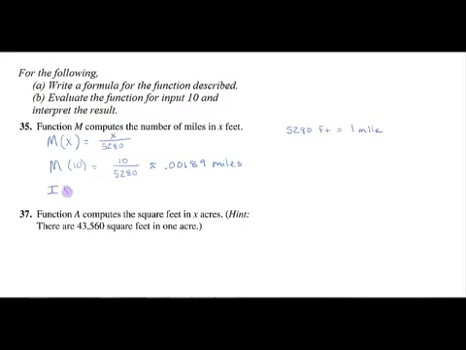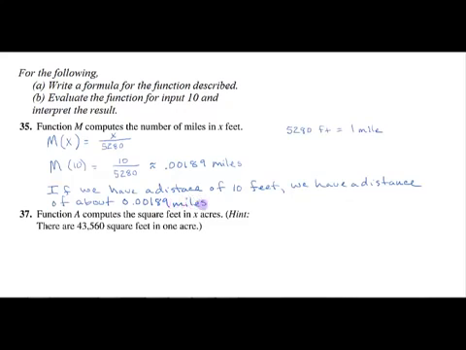So we would say if we have a distance of 10 feet, we have a distance of about 0.00189 miles. So you've mentioned both the input and the output, but in the context of the problem, where x is the feet and the output is in miles.